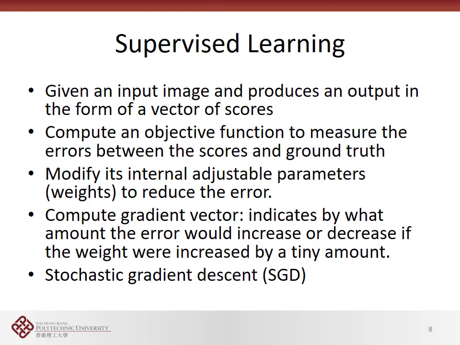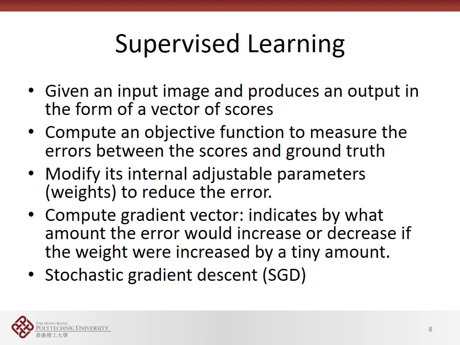First, given an input image, we produce an output in the form of a vector of scores. Then we compute an objective function to measure the errors between the scores and the ground truth, and then we modify its internal adjustable parameters, also called weights, to reduce the error.